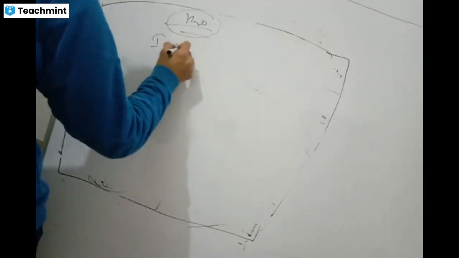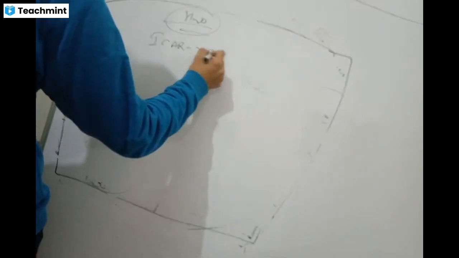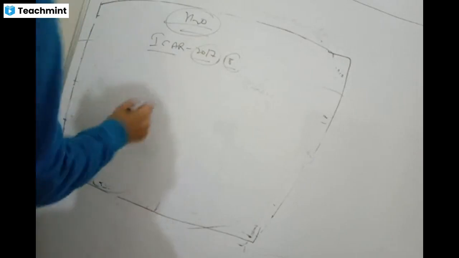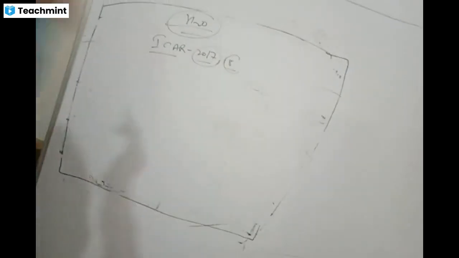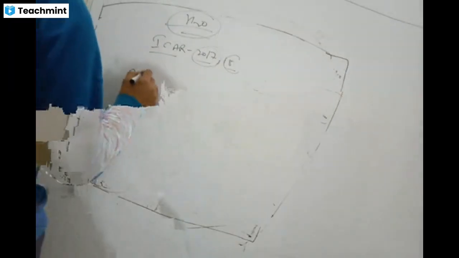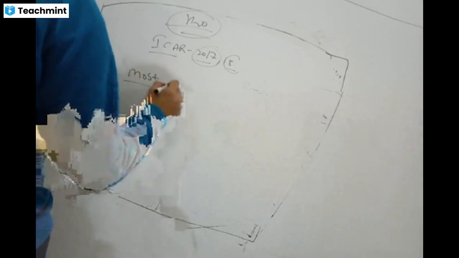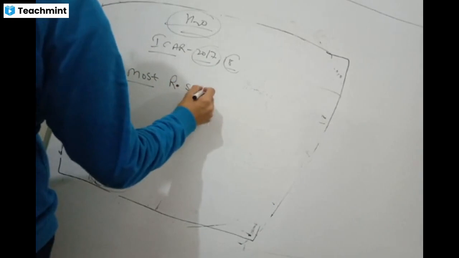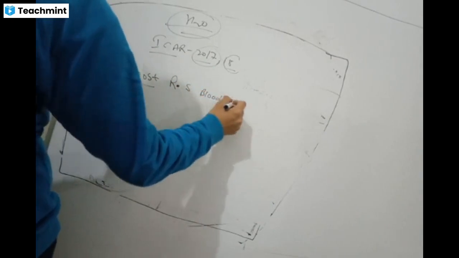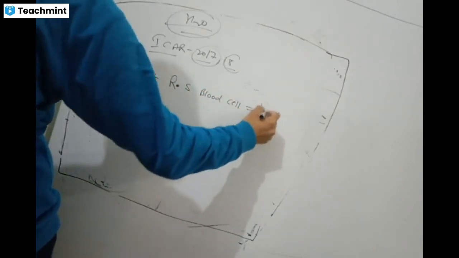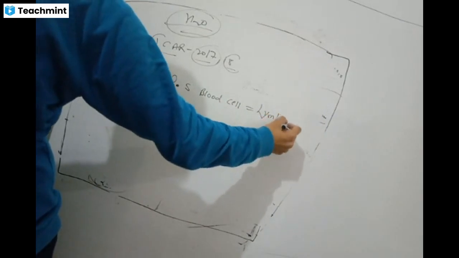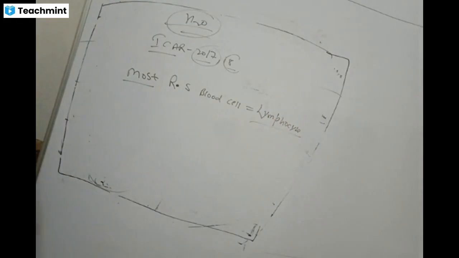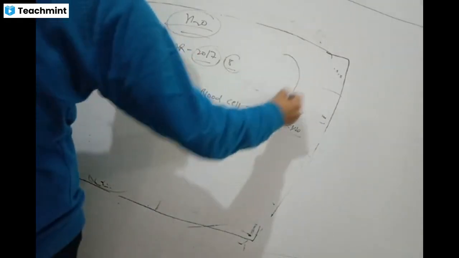Next, in ICAR 2017-18, continuously for 2 years, one MCQ was asked: most radiosensitive blood cell, and the answer was lymphocyte. Why is it most radiosensitive?